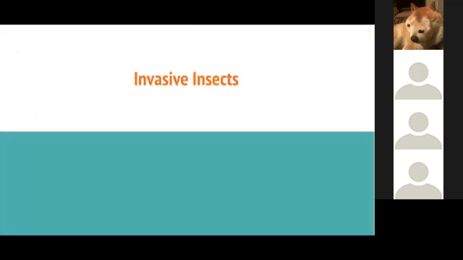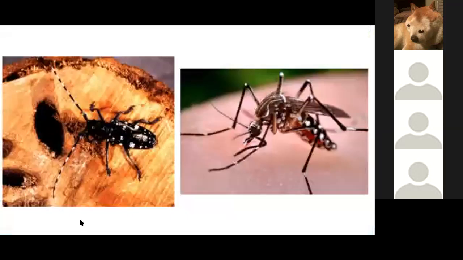I also decided to throw in a couple invasive insects just to show you that invasive species aren't just big. So like the ash borer, that has destroyed forests all over the United States. They kill the trees and then the trees are more susceptible to burning because they're all dead, it's a lot of dry wood, or you wipe out an entire species.